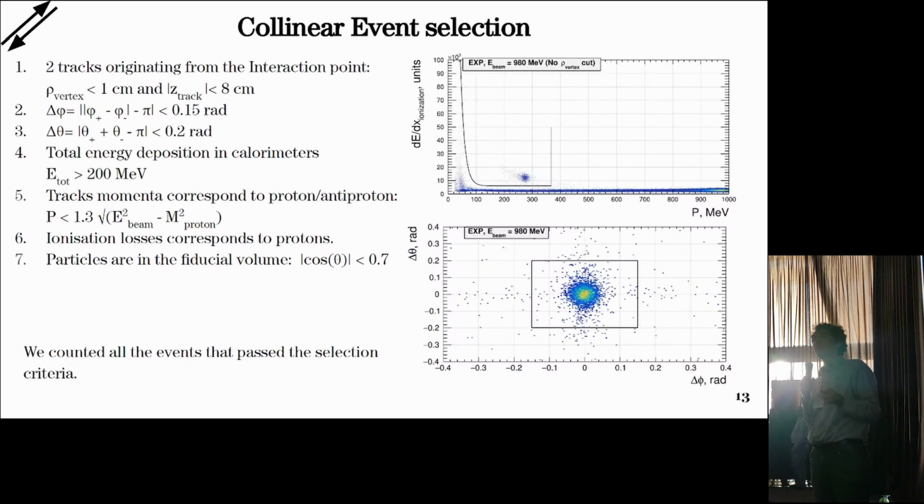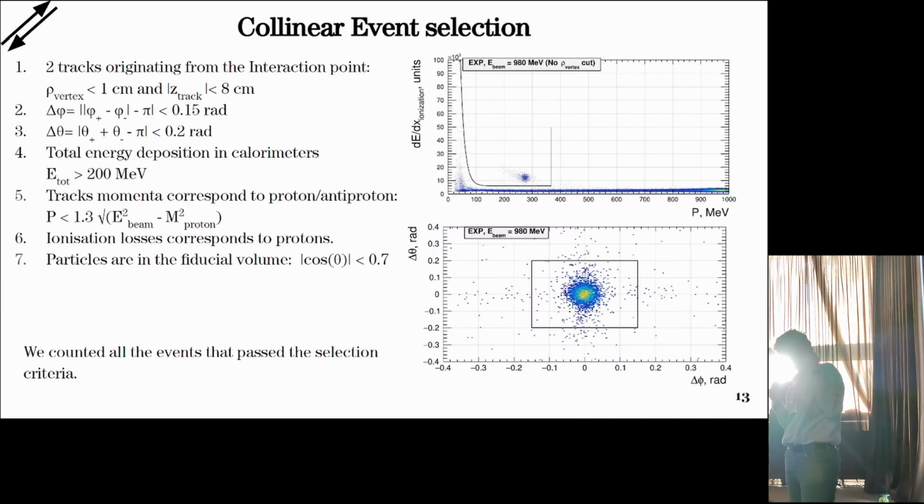They must be collinear, and also the total energy deposition in the calorimeters must be relatively big, to better suppress muon, antimuon, mu plus mu minus events or something else, because antiprotons annihilate in the calorimeter anyway. So we expect big energy deposition.